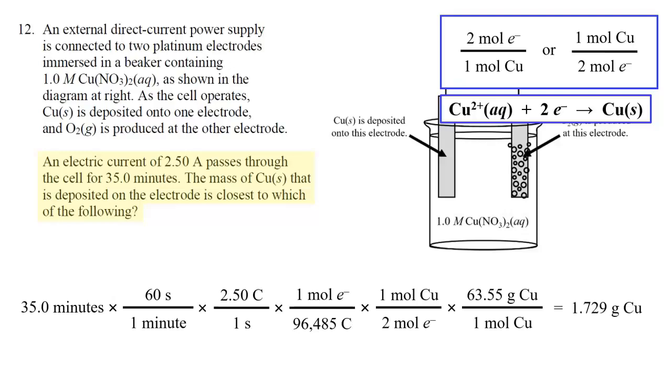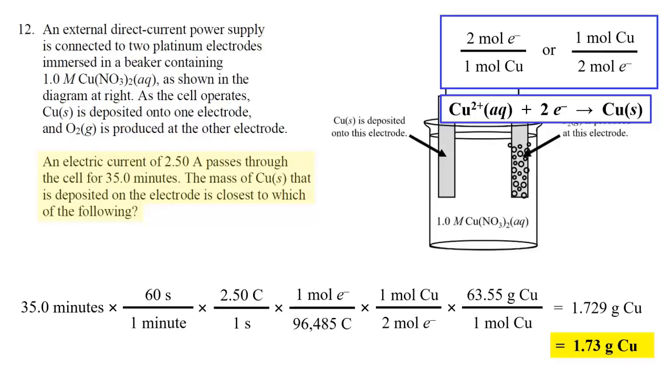And so on my calculator, I get approximately 1.729. I will round off my answer to 3 significant figures because 2.50 amps and 35.0 minutes have 3 significant figures, so 1.73 grams of copper.